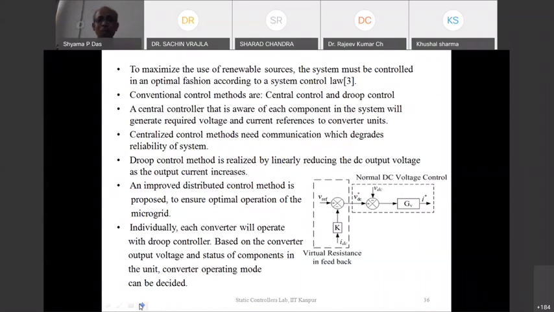It could be parallel operation of two generators, but in this case, we have parallel operation of three independent sources. One is the AC utility grid. The second one is the photovoltaic source. The third one is the battery source. So we have three different voltage sources, connected in parallel across the microgrid.